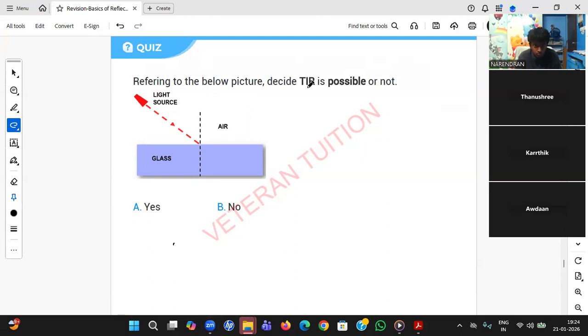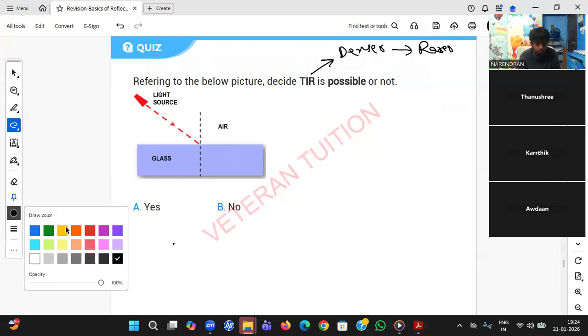For total internal reflection, the first condition is denser to rarer. From the protractor, is the light going denser to rarer? The first condition fails here.